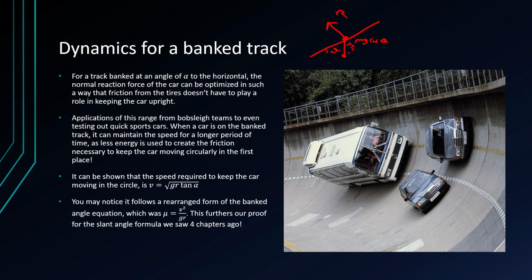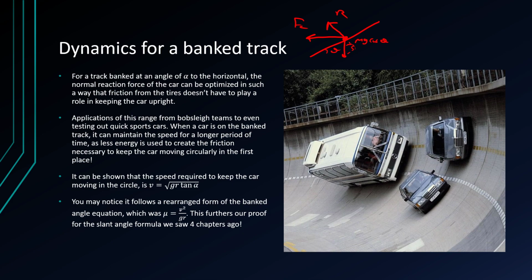If it's traveling at such a speed, the reaction force can increase to a point where it gets to magnitude mg cos theta, and the friction of the tires acting inwards actually has to do nothing, pretty much. But of course, if it slows down, the friction from the tires can allow it to maintain that banked circular path.